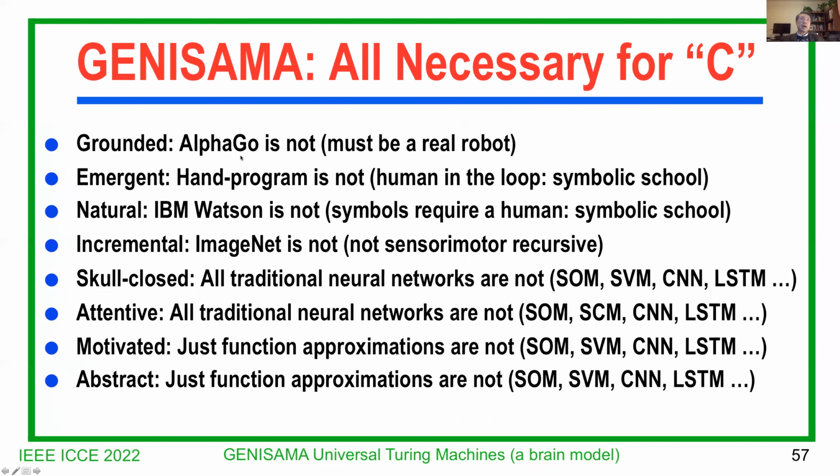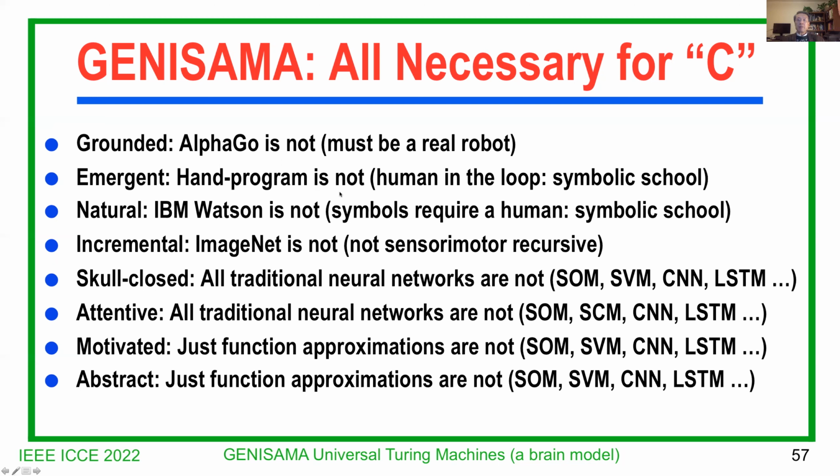Give an example: if you are not grounded, like AlphaGo, then you cannot learn like a real robot. It will not really sense directly from the physical world without handcrafting symbolic representations of features. And an emergent hand program is not emergent.